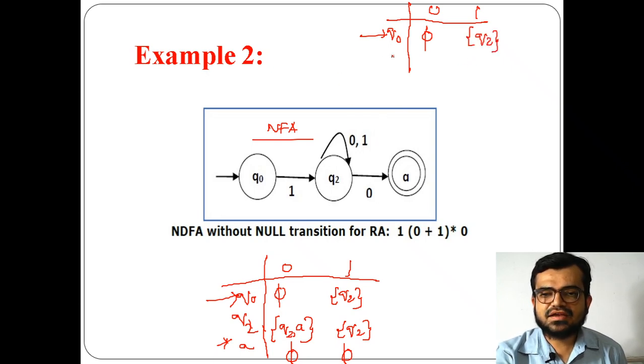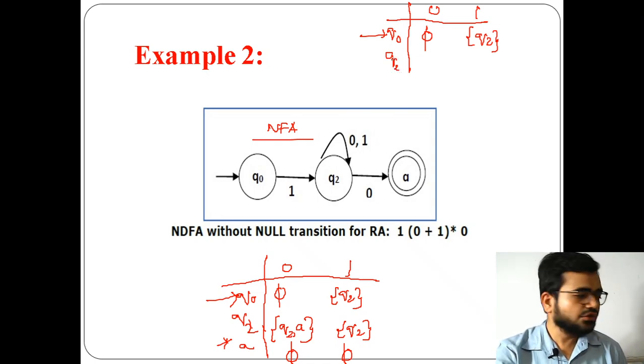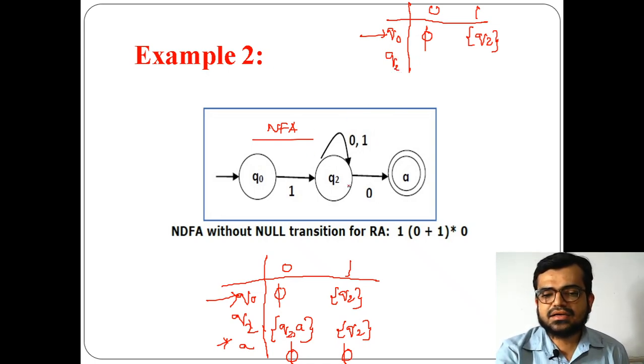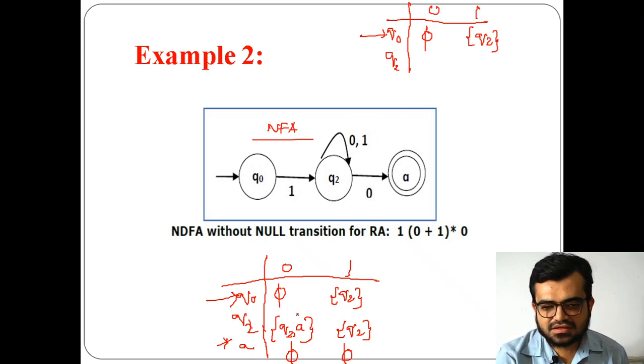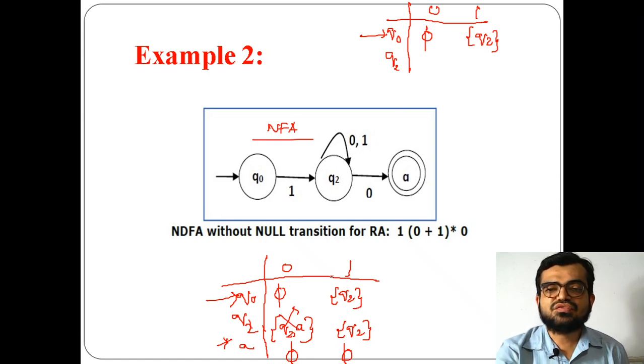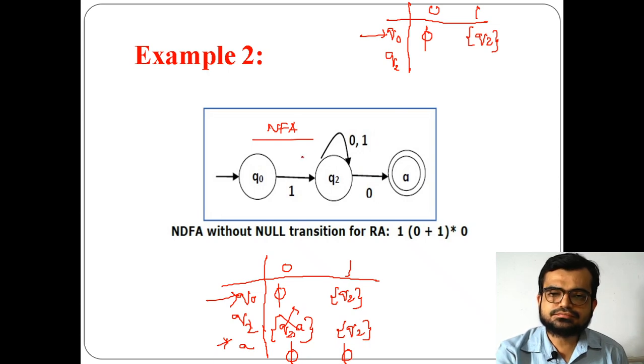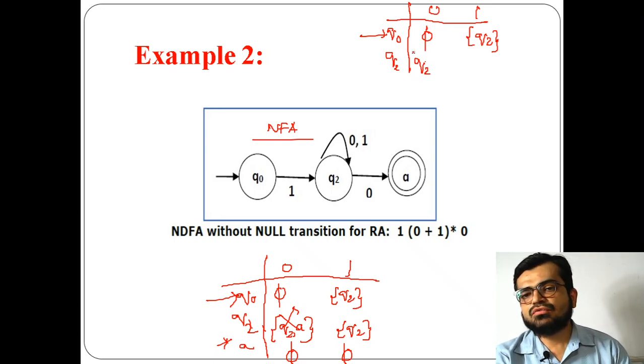Now when it is Q2, it is violating here. So what we are doing here is making them a single state. Q2, then what is the next state?